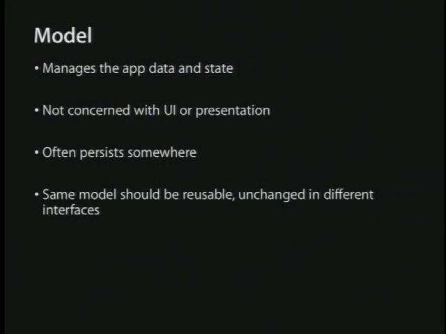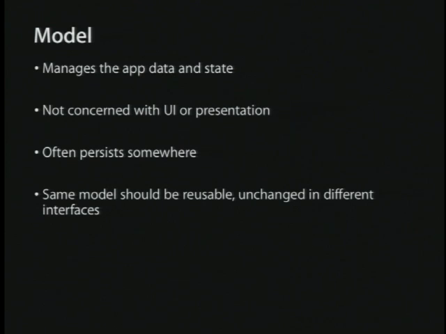So let's look at the 3 little pieces here. Model is the app data and the state of the app. It could be a database. It could be memory that you've created when you launched, stuff you fetch from the network. But it's the data for the application. It doesn't know anything about how that data is going to be presented. It often persists somewhere.